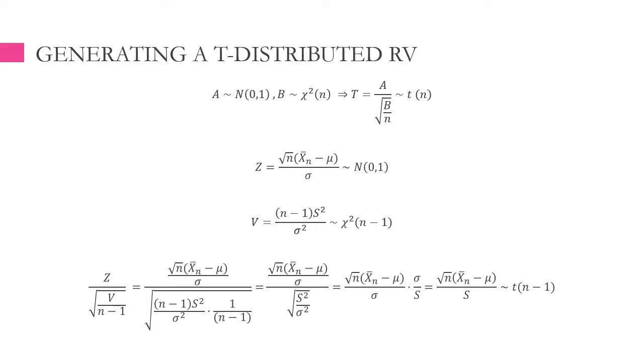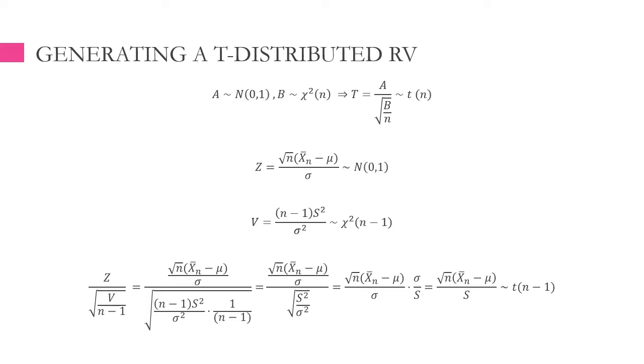So this t distribution that we have here at the end, the square root of n times X̄n minus mu over s, looks incredibly similar to our initial definition of z. Our z value has the same numerator, the square root of n times X̄n minus mu, but in z we're dividing by sigma, our population standard deviation, but in our t value, which is root n divided by s, we're dividing by our sample standard deviation.